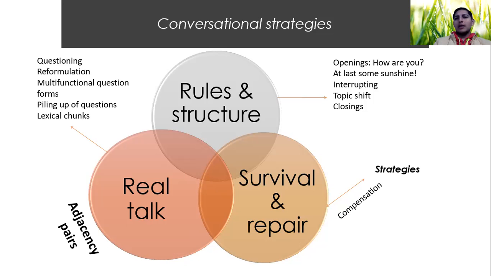You would find an answer if you offer food or beverages by using this quantifier some. Some other strategies could be piling up questions, lexical chunks, and we can see another language system here, vocabulary and pronunciation, of course.